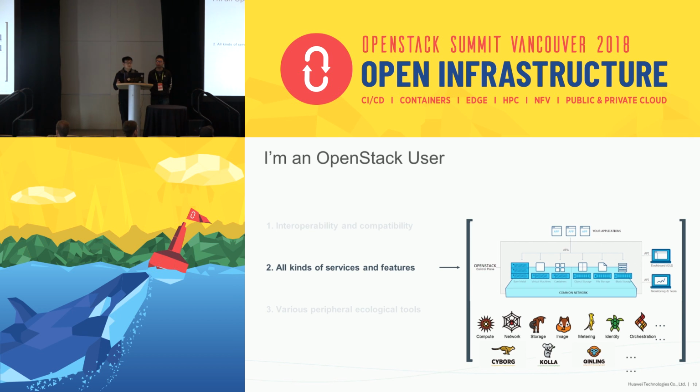And thanks to all those contributors, OpenStack provides tons of projects that users can choose from, ranging from basic services like compute, network and storage to more advanced services like accelerator management service or service function chaining. Users can also make combinations of those projects and build their own applications.